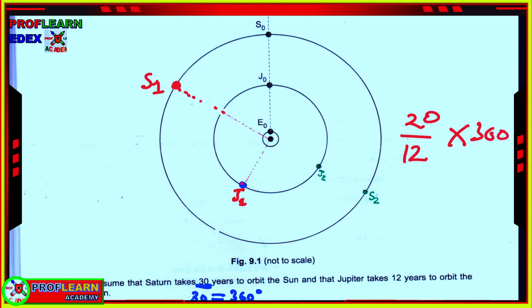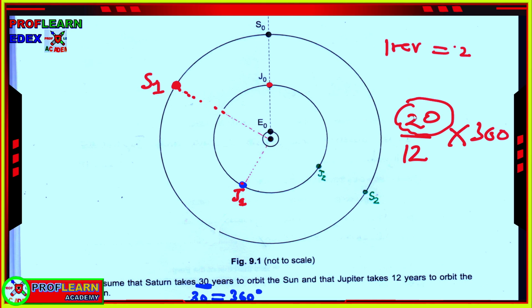Now, if we are talking about Jupiter in 20 years, remember, one revolution for Jupiter is 12 years. So in one revolution, Jupiter will go round and it will be at the same point after 12 years.